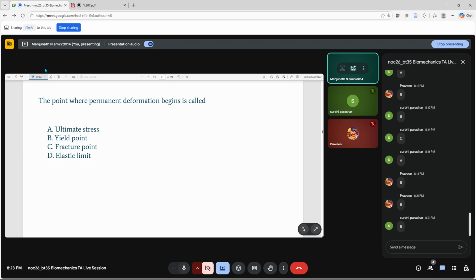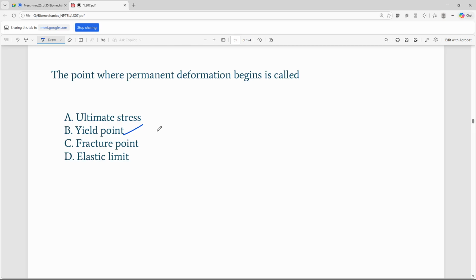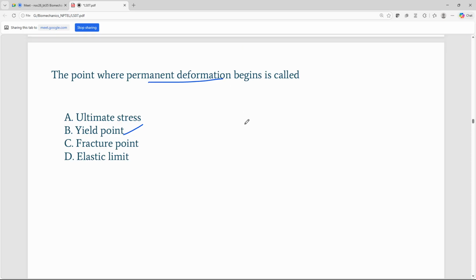The question is the point where permanent deformation begins. Option B, yield point, is the point where permanent deformation begins.